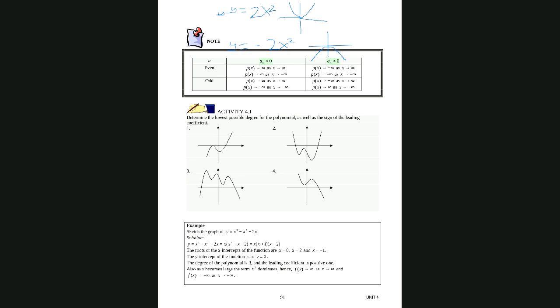When a is negative, or the coefficient is negative, as x approaches negative infinity, your y will approach negative infinity, and as x approaches positive infinity, your y will still approach negative infinity. Can we all see that when n is even?